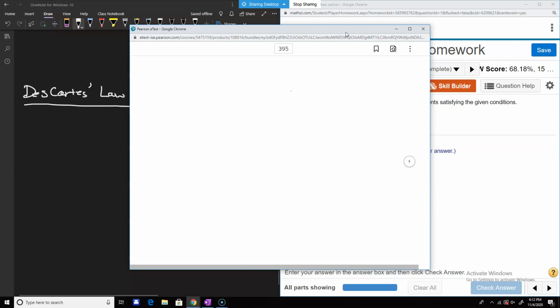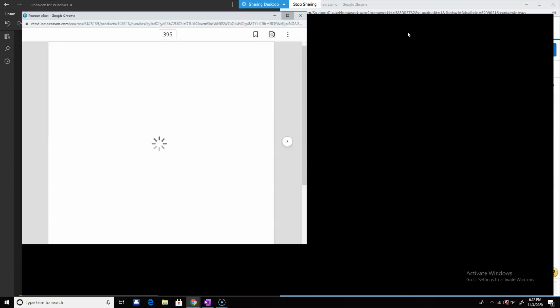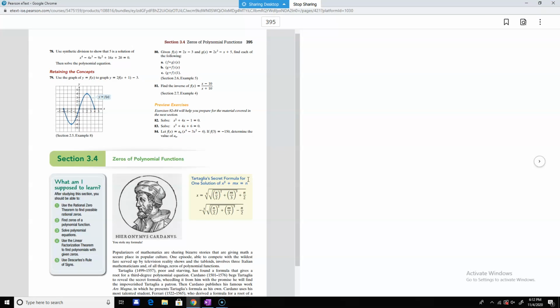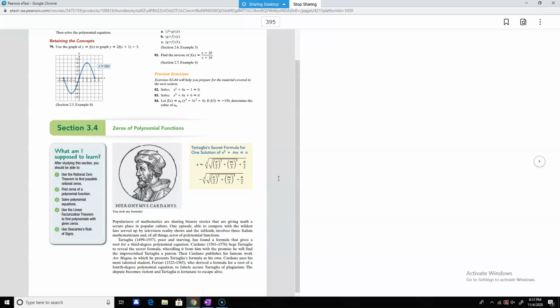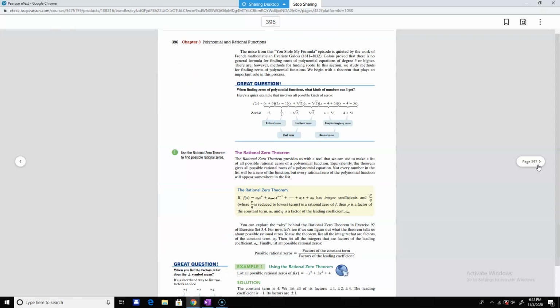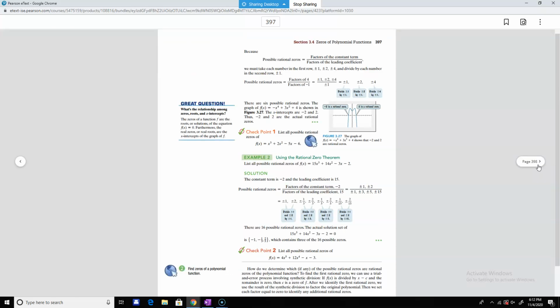So it'll be at the very end of the section, I'm sure. There you go. That's not him. That's Tartaglia's formula. He was an Italian mathematician. So we did rational roots.